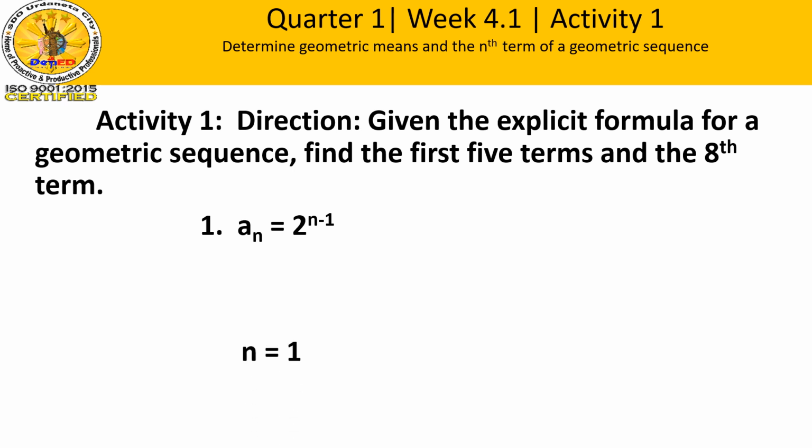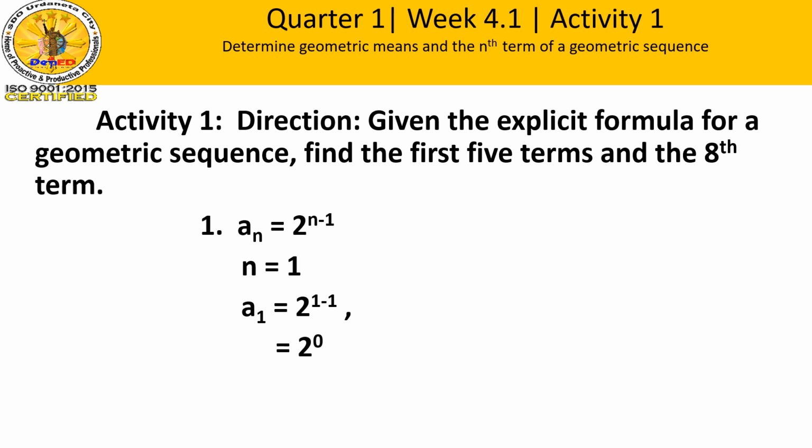So, if n is equal to 1, we substitute the value of n: a sub 1, the first term, is equal to 2 raised to 1 minus 1, and therefore 2 raised to 0.